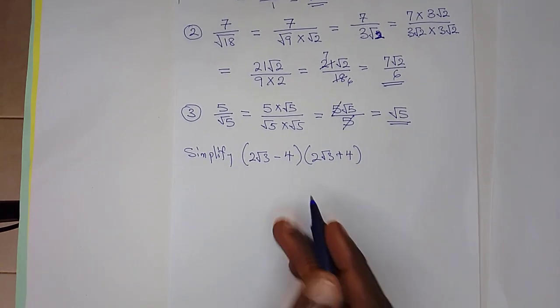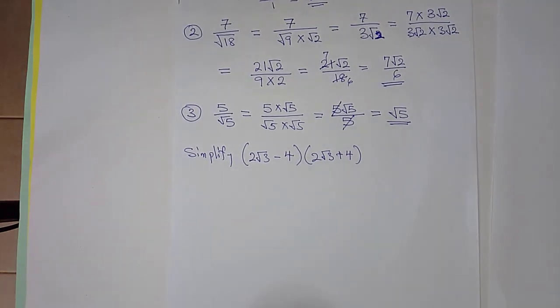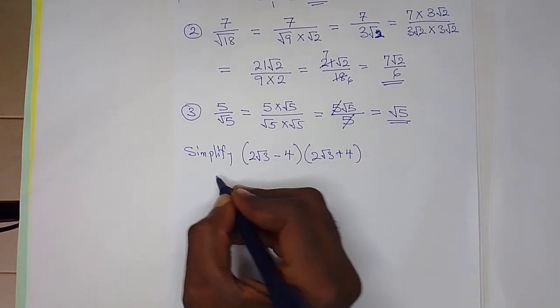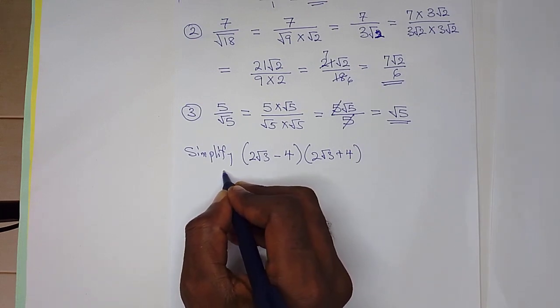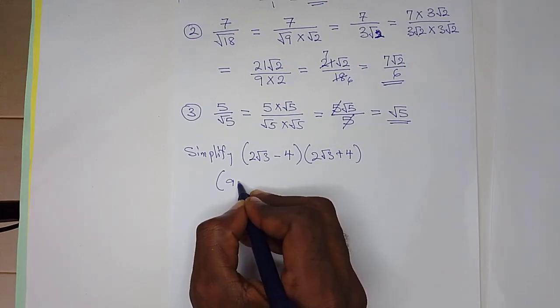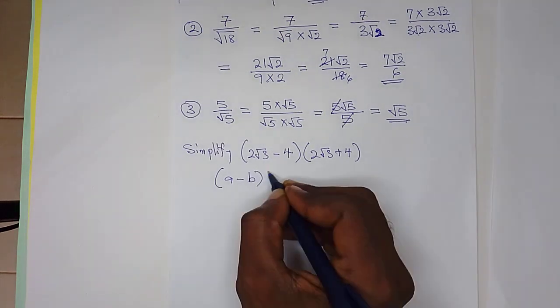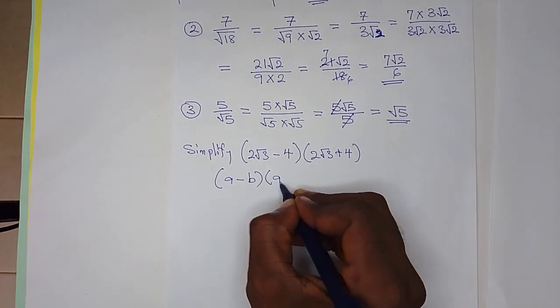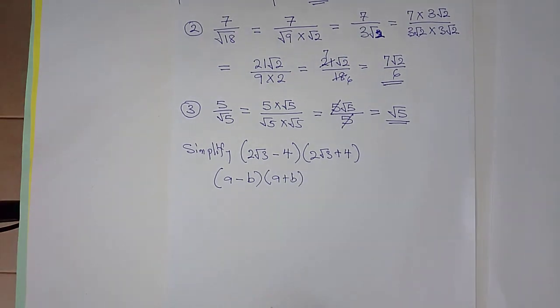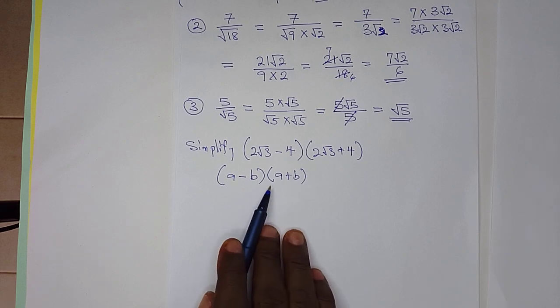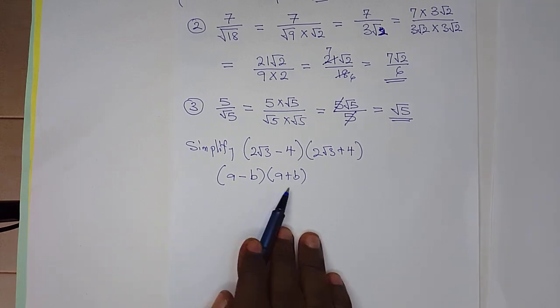Now to simplify this, let me show you what we call difference of two squares. I'm going to explain difference of two squares here. Now watch this. Let's say that we have open bracket a minus b, open bracket, a plus b, close bracket. Now, when you come across something like this, we call this difference of two squares.